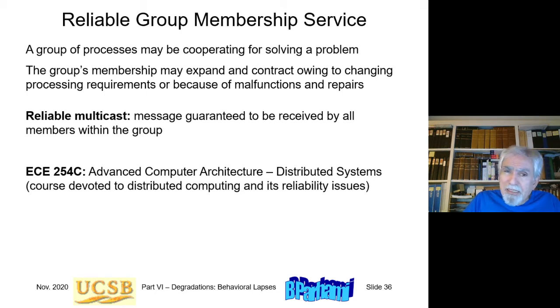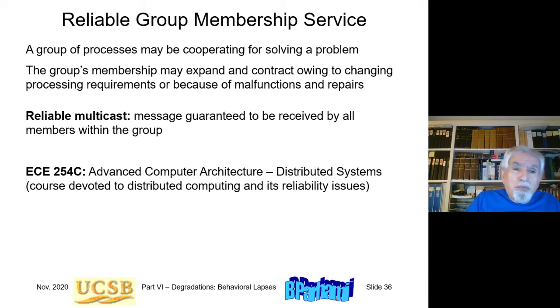We may add sites to that group, or remove them. At any point, sites that are members of a group should be aware of the group's membership. And this group membership must be reliable. In other words, it should be resilient to site malfunctions and also to communication errors.